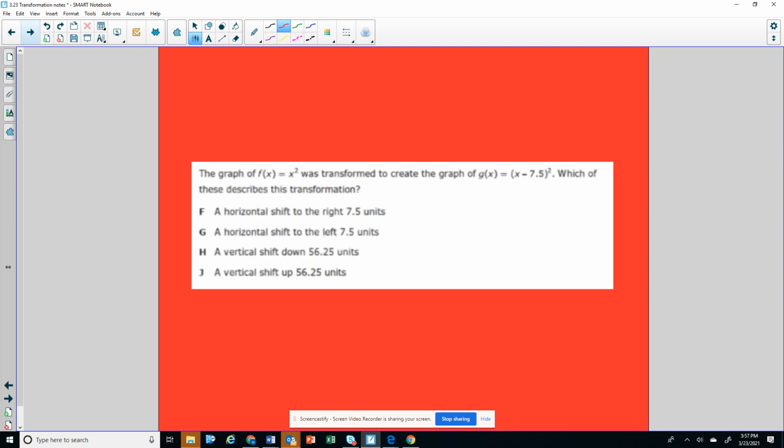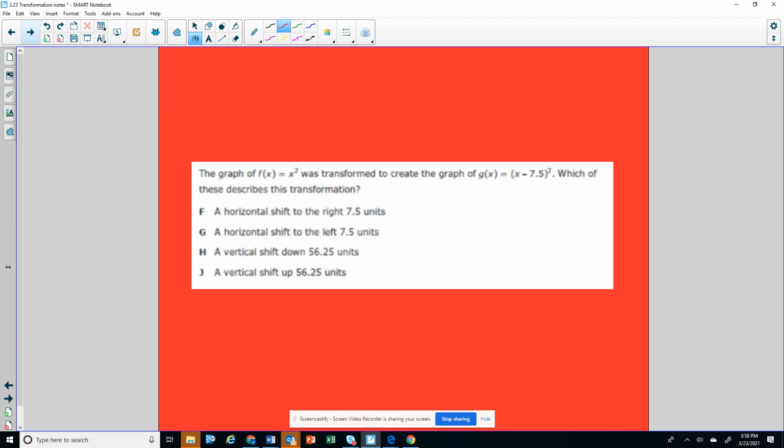And I think this is the last one. Again, the parent function f of x is equal to x squared was transformed to create the new function g of x, which is (x minus 7.5) squared. Which one will describe the transformation? Go ahead and pause the video and see if you can figure this one out. All right, let's see now.